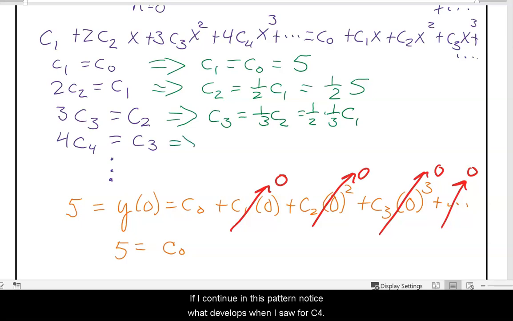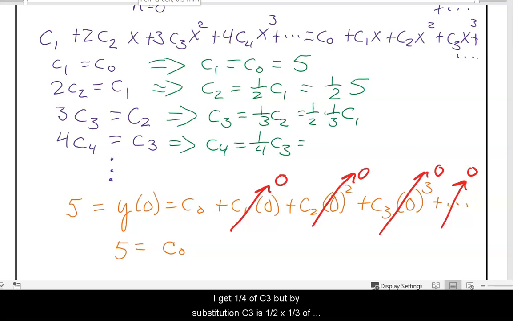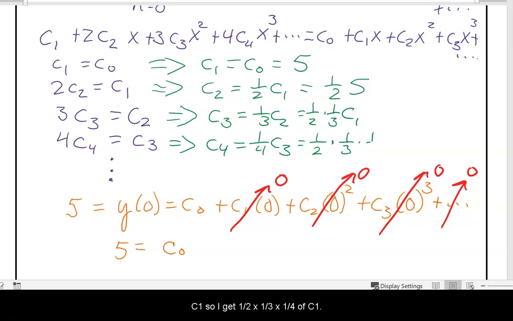If I continue in this pattern, notice what develops when I solve for C4. I get 1/4 of C3, but by substitution, C3 is 1/2 times 1/3 of C1, so I get 1/2 times 1/3 times 1/4 of C1. In other words, I've developed a pattern that will let me predict what is happening.